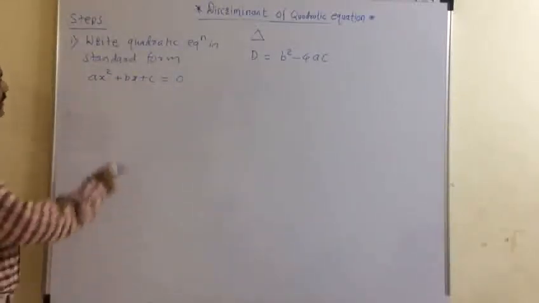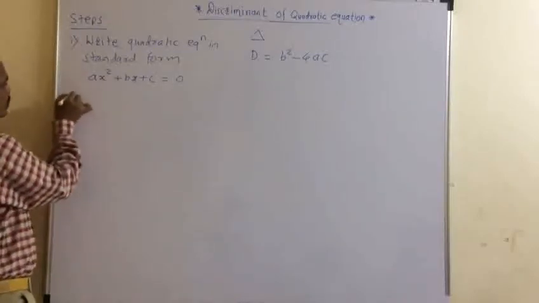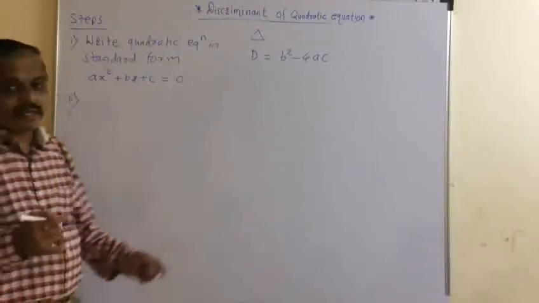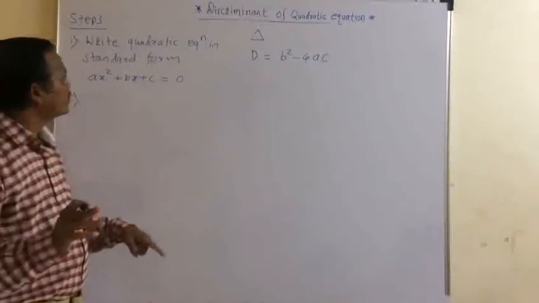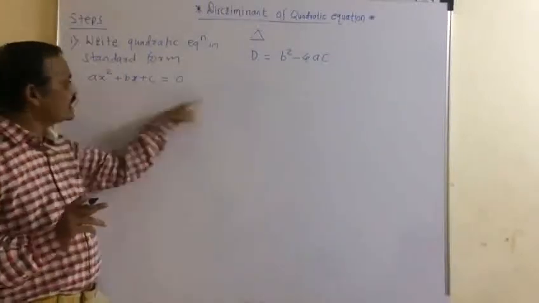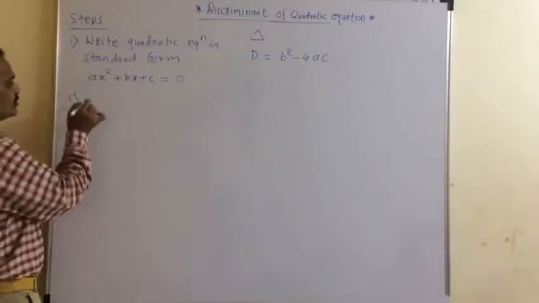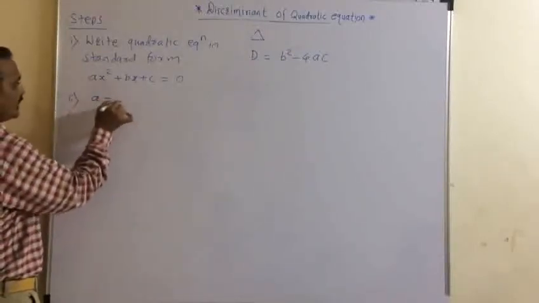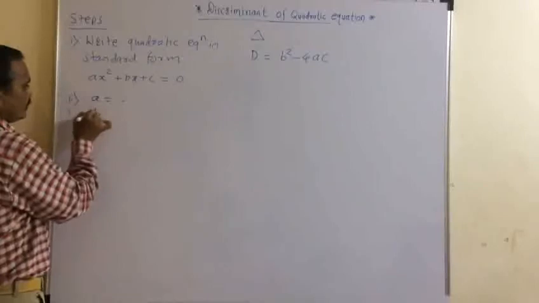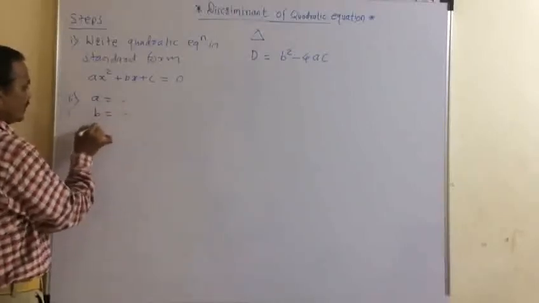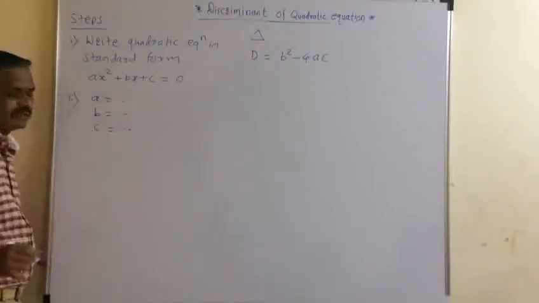After that, we compare the given quadratic equation to this standard form and write down the values for a, b and c.